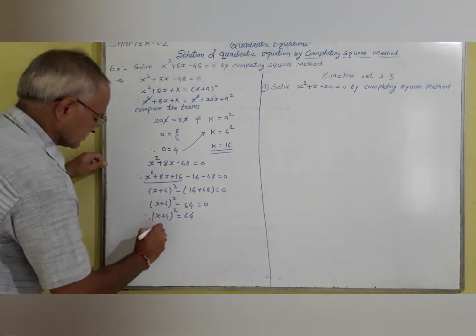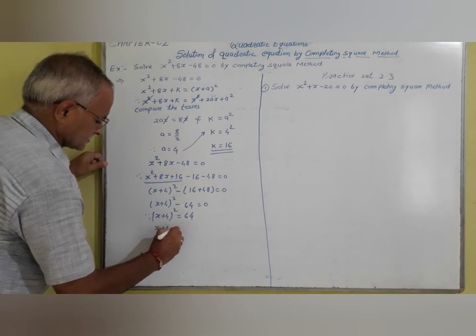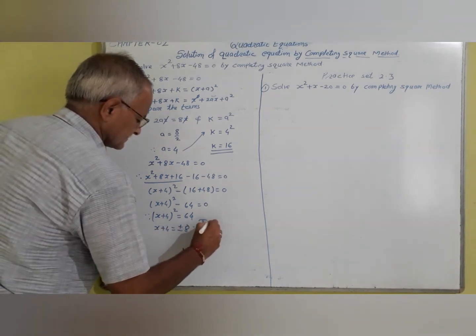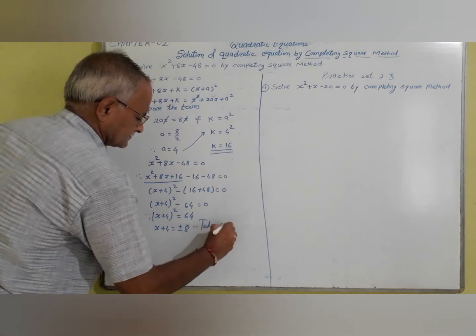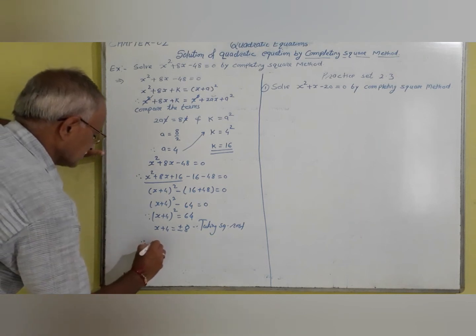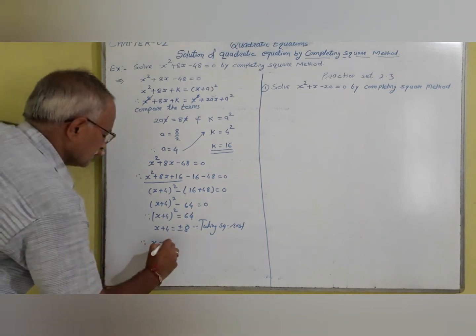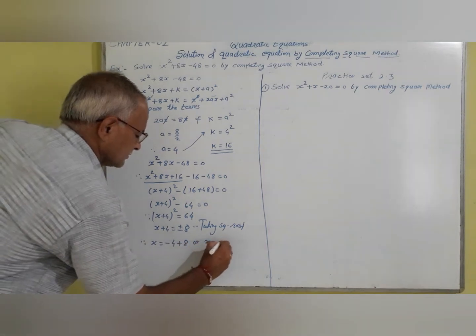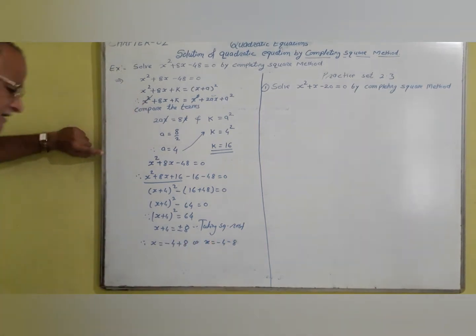Now taking square root, x plus 4 is equal to plus or minus 8. Therefore, x is equal to minus 4 plus 8 or x is equal to minus 4 minus 8.